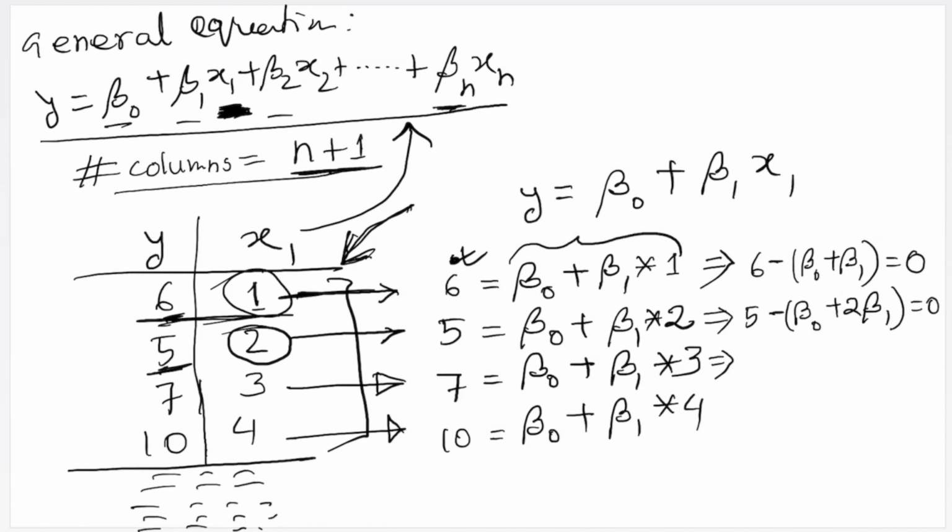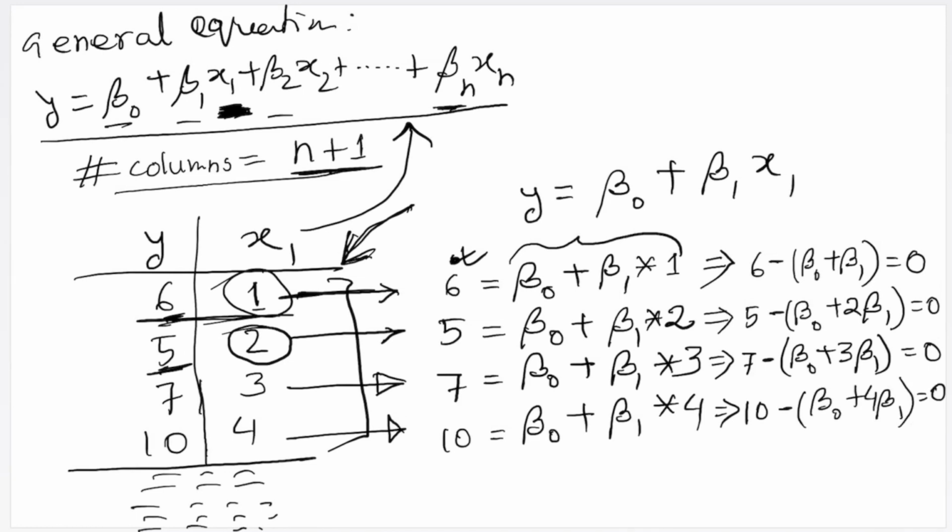The third equation can be rewritten as 7 minus (beta naught plus 3 beta 1) equals 0. The fourth equation, which stands for the fourth row of the data, can be rewritten as 10 minus (beta naught plus 4 beta 1) equals 0.